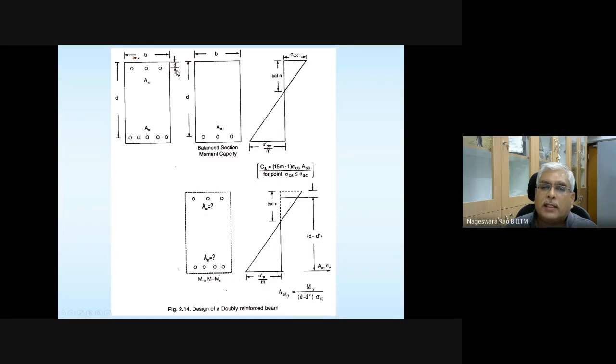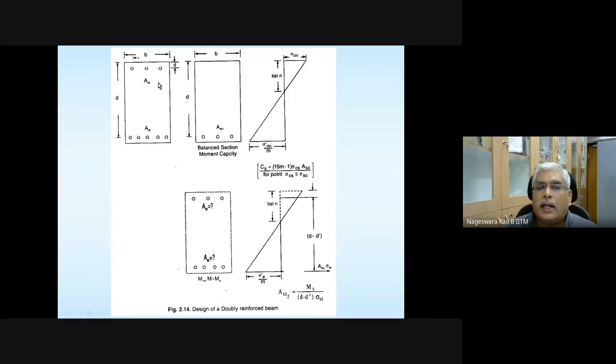That's why we need to note down the cover thickness for the compression steel. That is denoted with this. This is actually not D, it is a D prime, small d prime. Small d prime indicates the cover thickness for the compression steel.